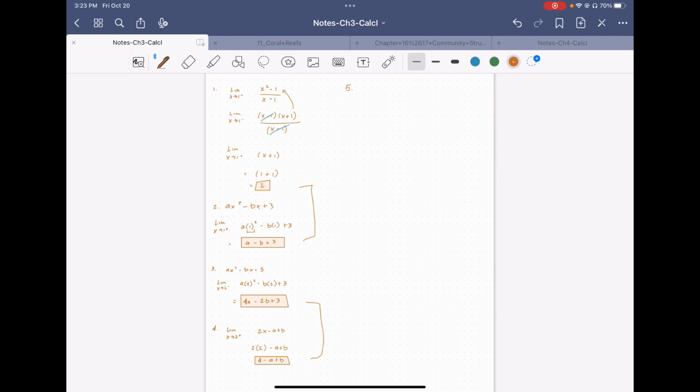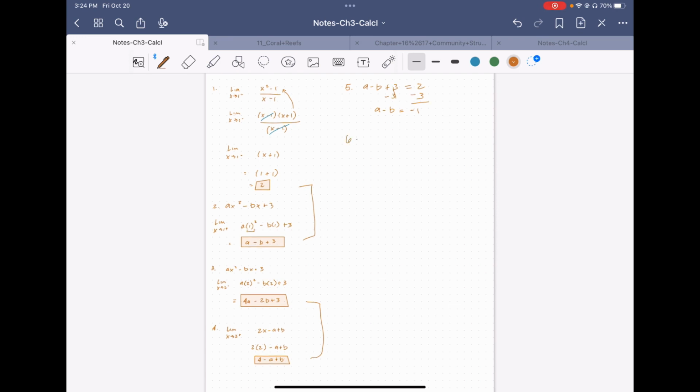We set them equal to each other. We take our equation from the right limit of number 1, a minus b plus 3, and set that equal to the 2 we got from the left-hand limit of number 1. At that point, we just combine like terms. So a minus b equals -1.